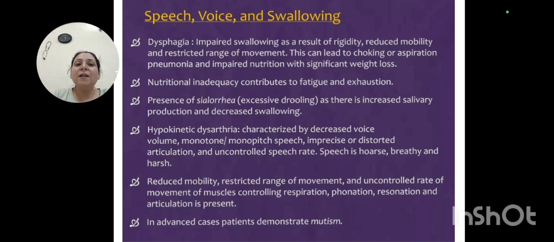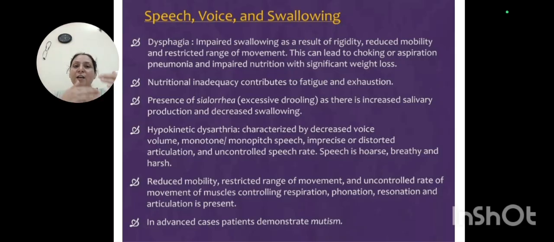Now the next part is that he will be having hypokinetic dysarthria. What does this term mean? This is related to our vocal cords, and they are responsible for hoarseness of voice, the pitch, how much variation of tone we can take. Sometimes we need to stress certain things, so we increase our tone and pitch, whereas when we read we read normally.